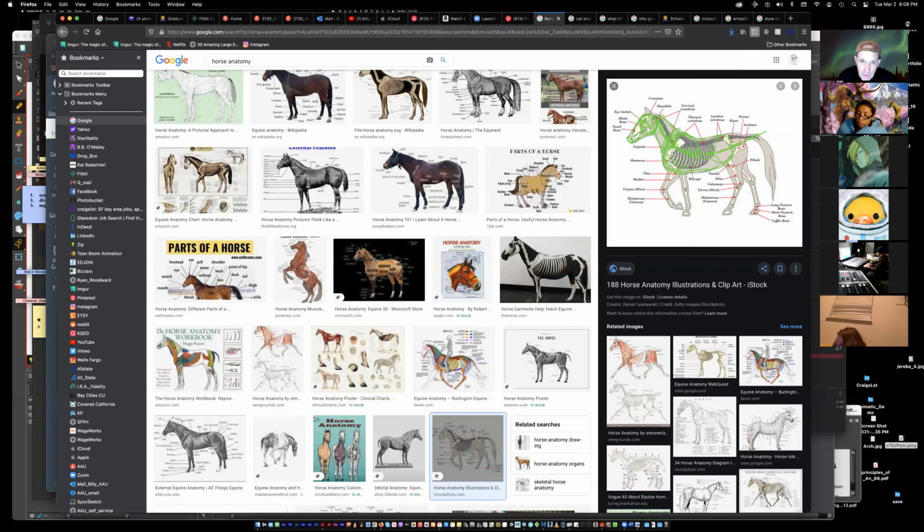Now, if you make the mistake of trying to draw the bean shape through the rump, through the back, the butt, you're not going to get into trouble. But just remember that the quarters are going to overlap it. Just remember that the muscles for the rear leg are going to overlap it.